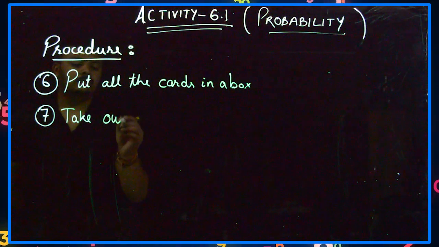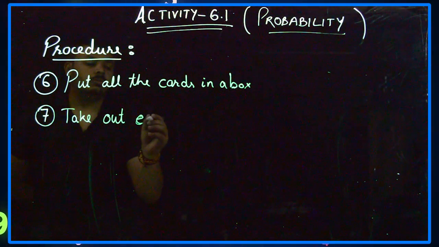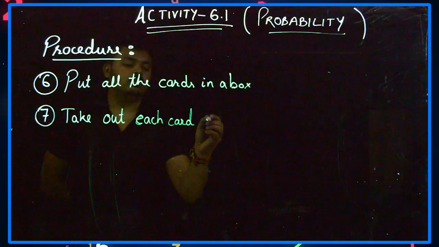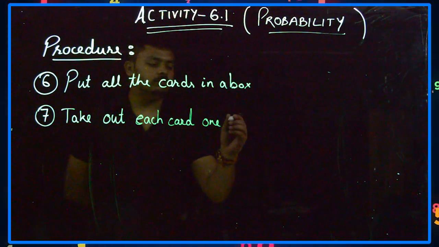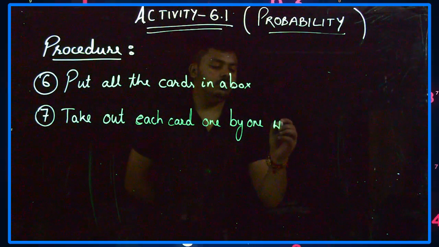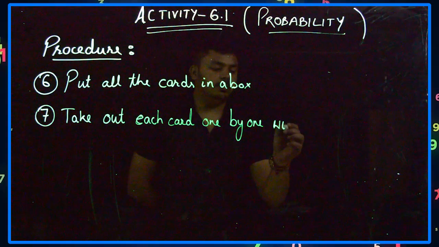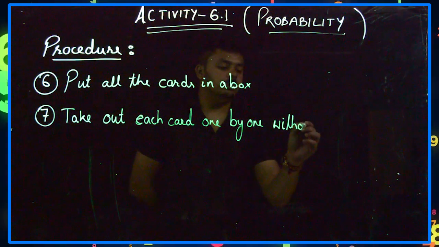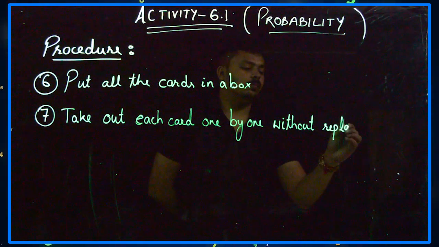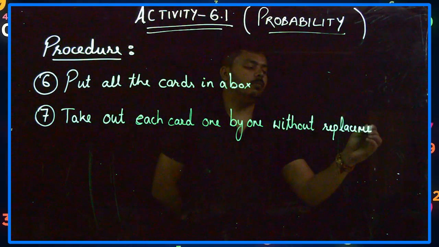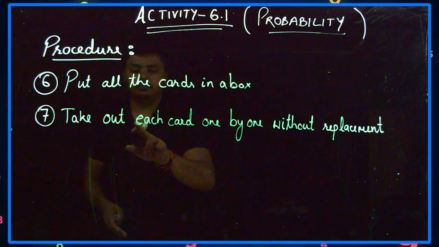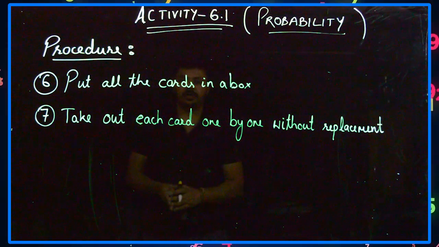Now step 7. Take out each card one by one from the box without replacement. That is, once a card has been taken out, we cannot put that card again into that box.